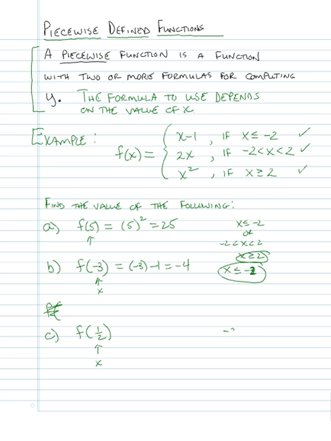And we notice that our x of 1/2 is between negative 2 and positive 2. So that's true. That means we use the middle formula to calculate with. The middle formula is 2 times x, and since our x is 1/2, we have 2 times 1/2, and of course that value gives us 1.